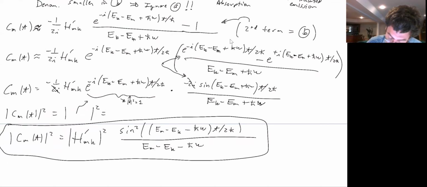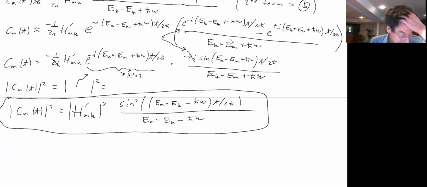And so this then is the probability to be in this state. Because what we've done is we've shown that this is the probability to have a transition from your kth state up to your mth state. And so this is absorption.